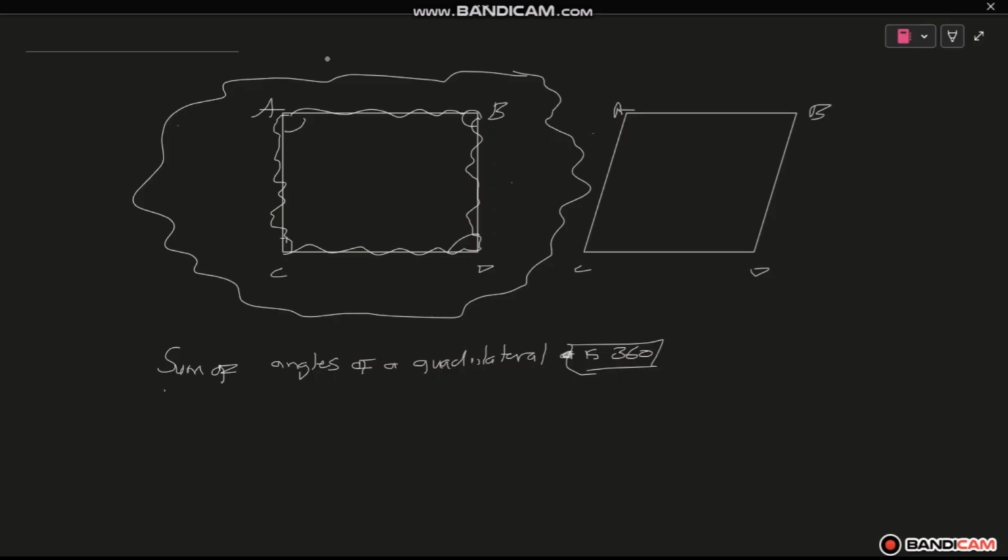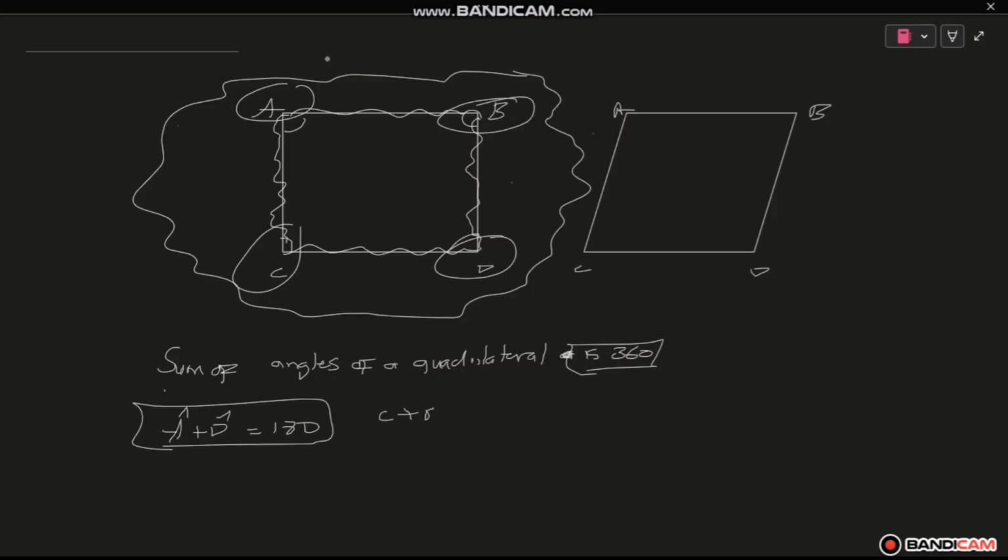These are sides. That's why it is called a quadrilateral. So these are opposite angles. You must know that angle A plus angle D sum up to 180. That's very, very important. And angle C plus angle B sum up to 180. But when you add 180 and 180, they must give you 360. So that's the property of a quadrilateral.